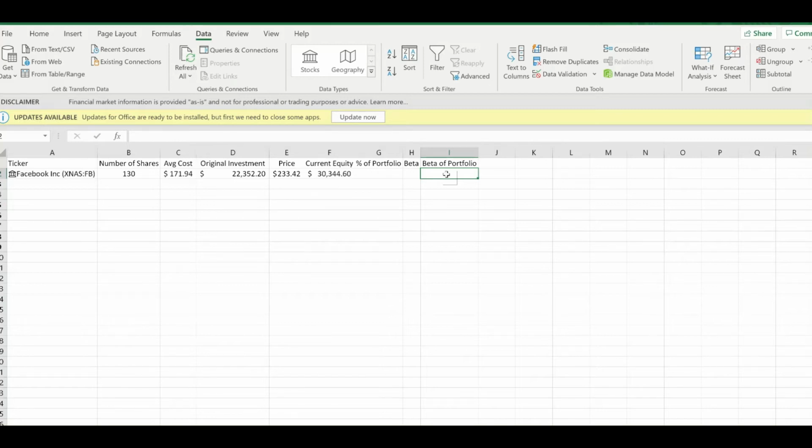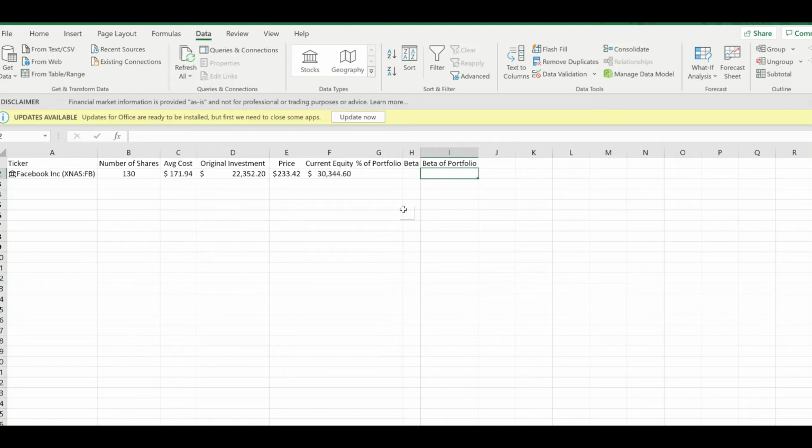I'll give an example. Let's say you have a million dollars in the S&P 500 SPY ETF. As we discussed before, that has a beta of 1. And let's say you have a highly volatile stock, let's say it has a beta of 2, but you only have one of that stock, correct? So you have a million in SPY with a beta of 1, and then you have a crazy stock which has a beta of 2.